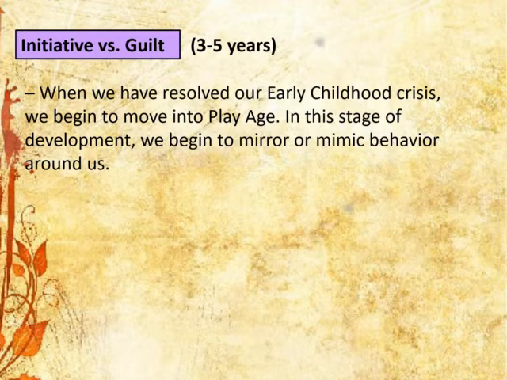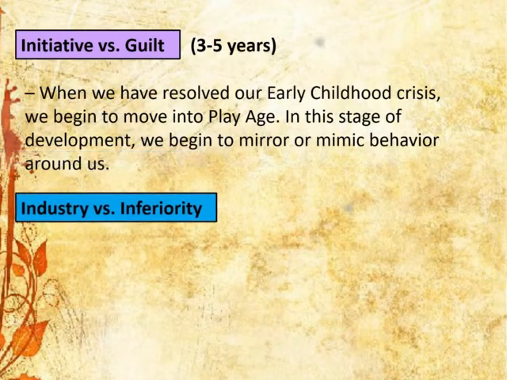For example, if the parents treat the child's questions as a problem and other aspects of their behavior as a threat, then the child may develop feelings of guilt for being a problem. As a result of too much guilt, the child may be slow to interact with others and may inhibit their creativity.